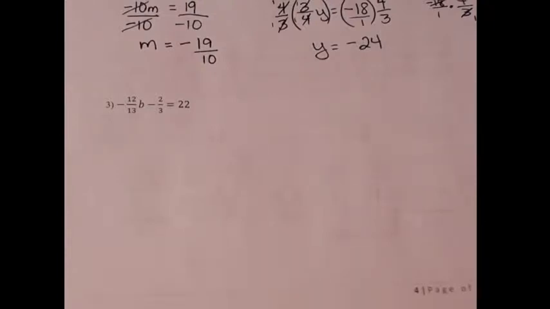Now, here's the interesting piece about this particular equation. Notice that we have fractions. If we want, that's okay, Rachel, if we want to simplify our lives and we want to apply rule number 3, which is you must multiply or divide every term in an equation by the same quantity.